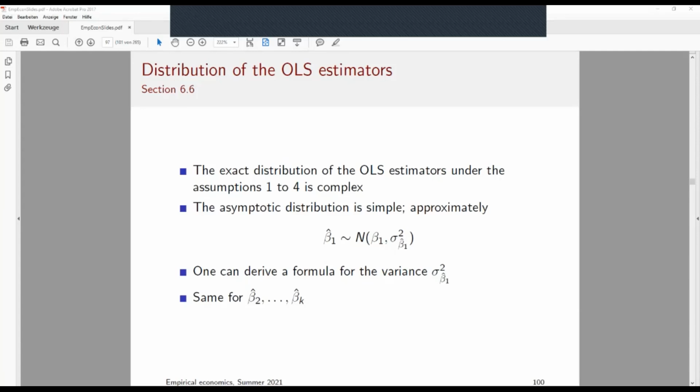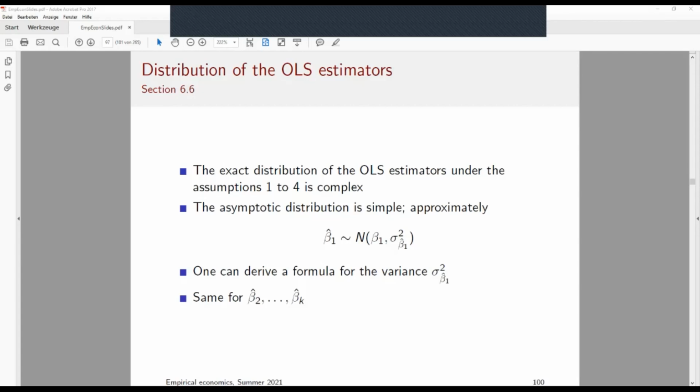But fortunately, we very often have large data sets, and that allows us to use the asymptotic distribution. And that one is very simple because our estimator, beta1 hat, is asymptotically normally distributed with an expectation of the true value and some variance. We can derive formulas for that variance, sigma squared of beta1 hat, and we might do the same thing for all our regressors.